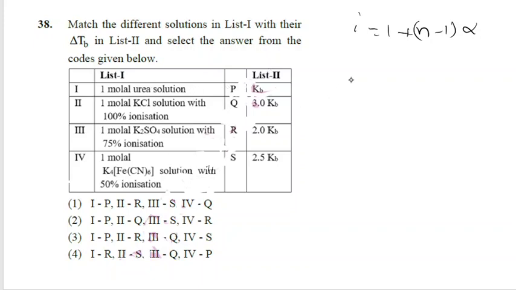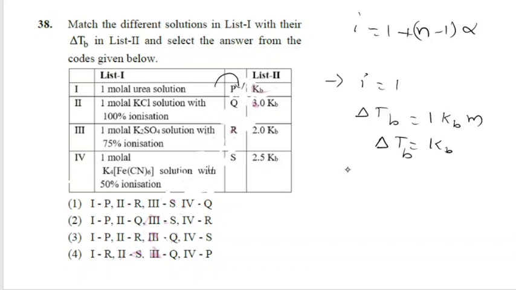If we consider urea, it is a non-electrolyte, so i is equal to only 1. And ΔTb is equal to i into Kb into m. As molality is 1, we can say that ΔTb is equal to Kb for the first one. So directly 1 matches with P here.